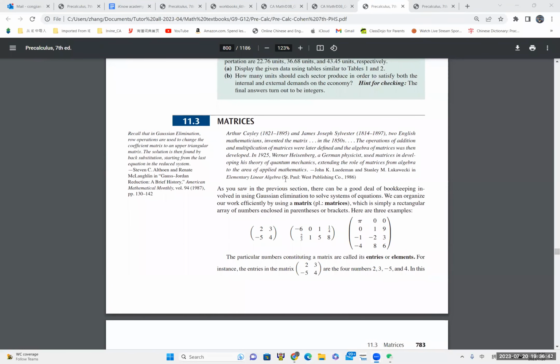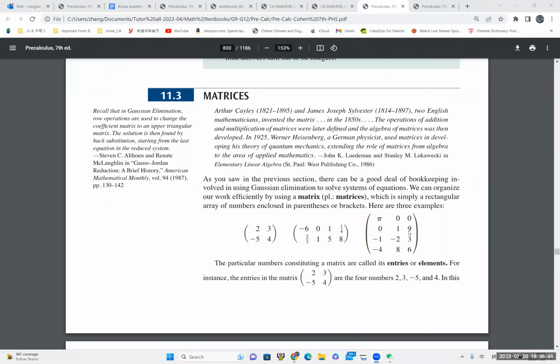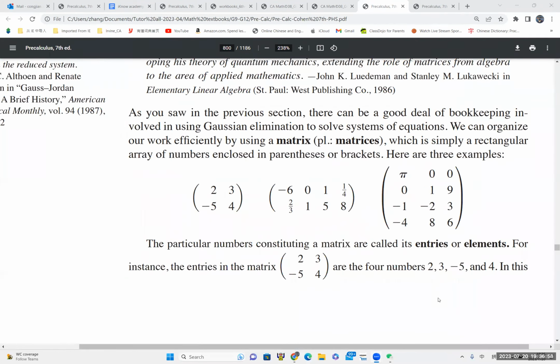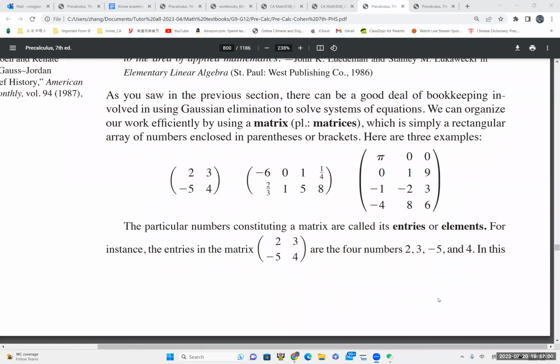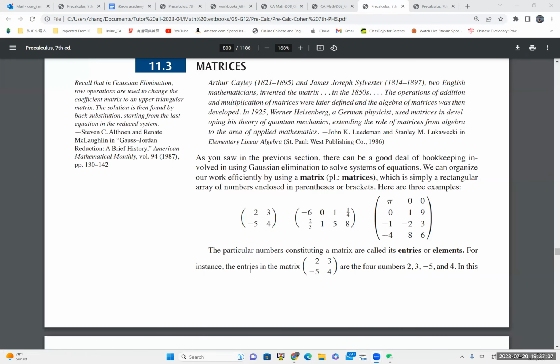Matrix. So I suppose this is your first time meeting matrices, right? A particular number is called its entry.